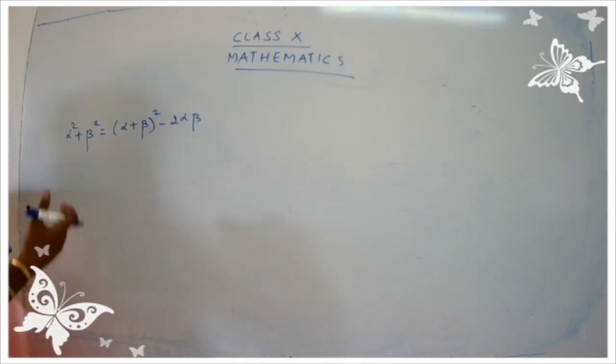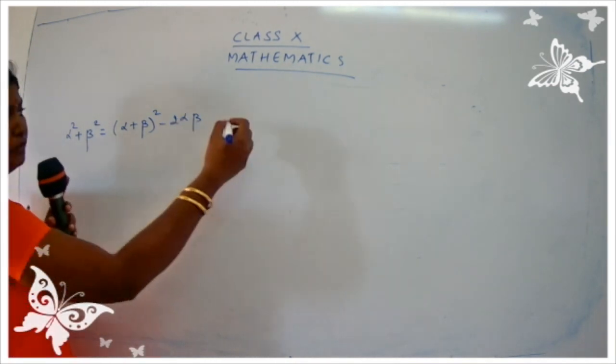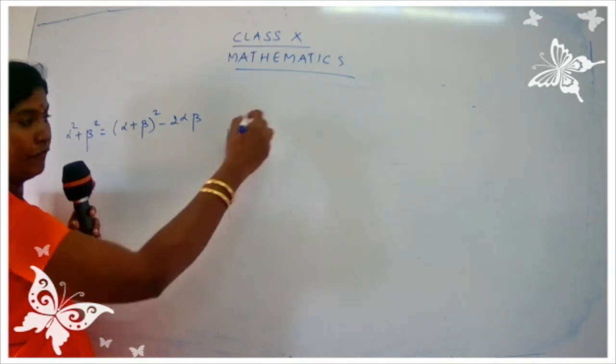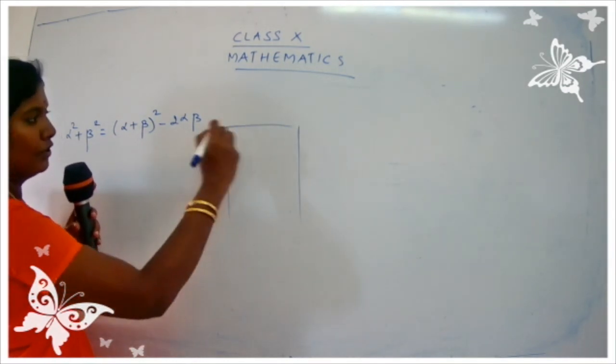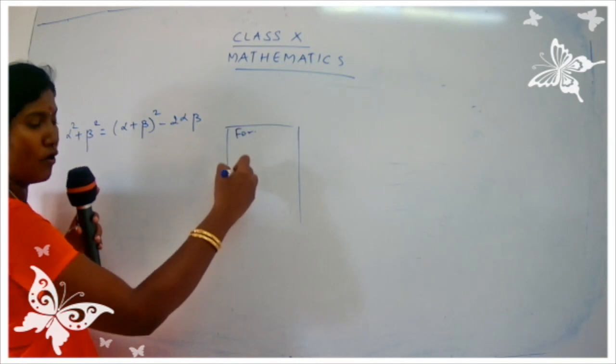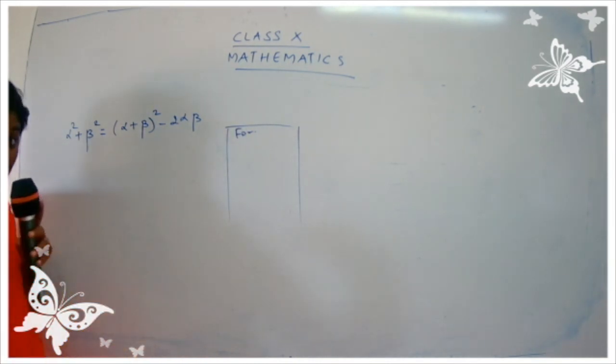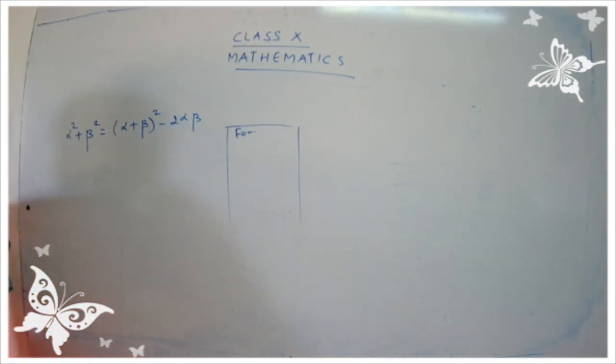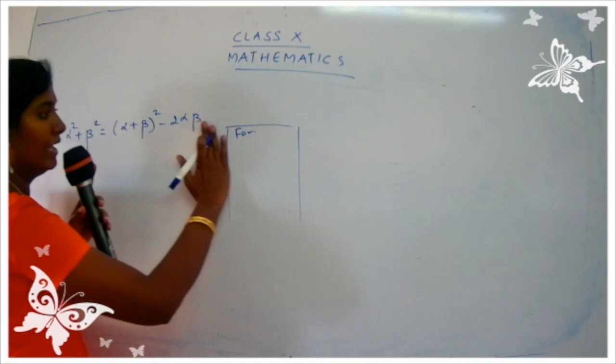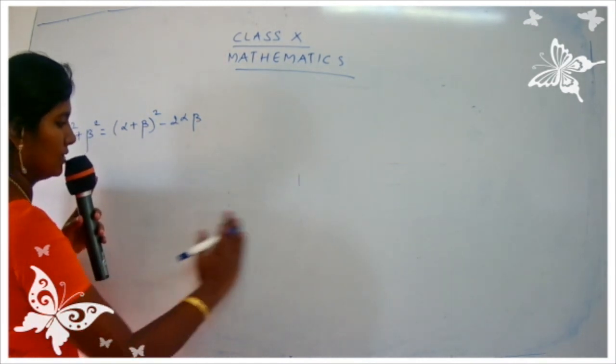You can use a new page for noting down all the formulas. Suppose you are using a maths notebook, at the end of the last page you can write 'Formulas' and go on writing all the formulas, which will be useful for you whenever you prepare your notes and prepare for your exams. So have a habit of taking the note of formulas.